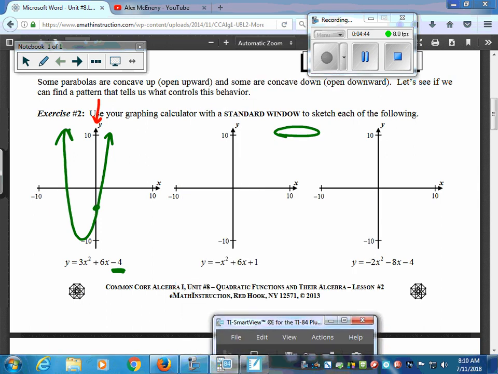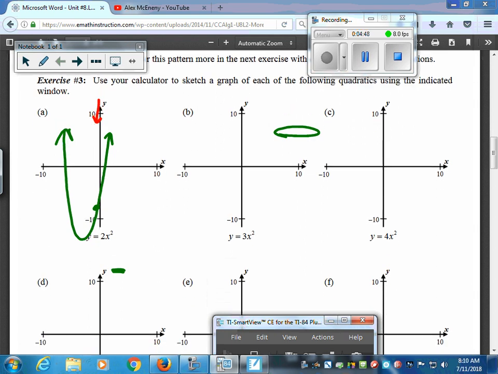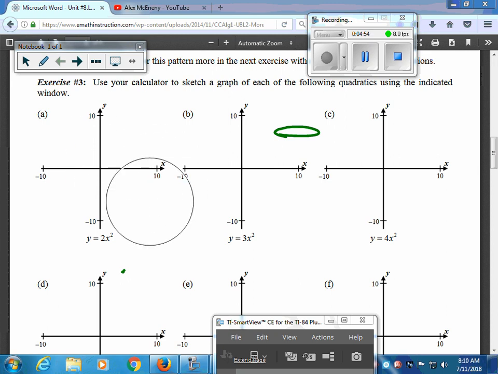Now I'm going to go to the back of this page, and with the 6 graphs on exercise 3, I want you to do the same thing. You can focus first on the point where it touches the y-axis, and then see if you see any differences between when we have 2x squared, 3x squared, or 4x squared.